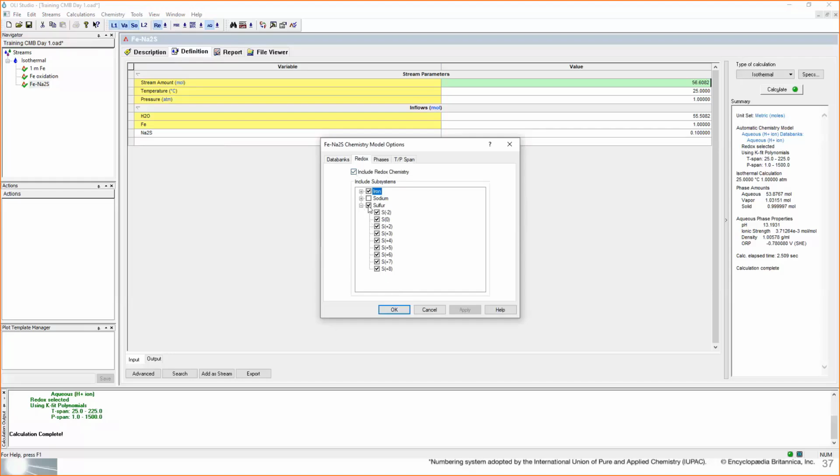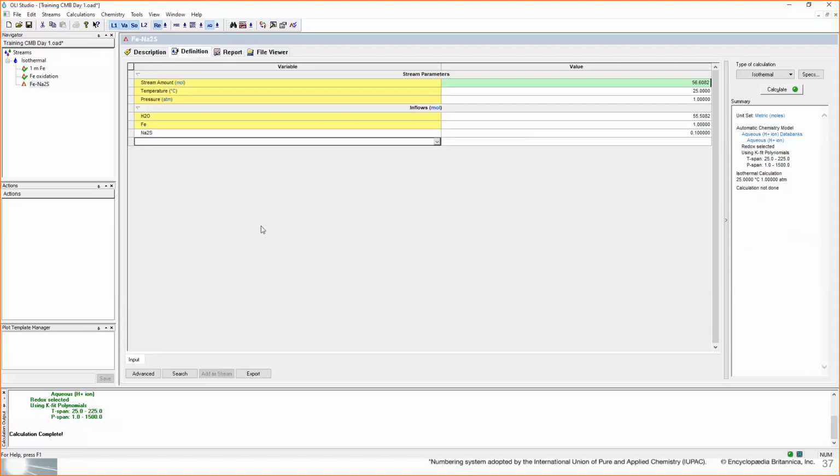So I'm going to unselect the sulfur here, and select only -2 and 0. I don't want any other oxidation state. Just those 2. So I make sure I check this sulfur -2 and this elemental sulfur, and then I click OK.